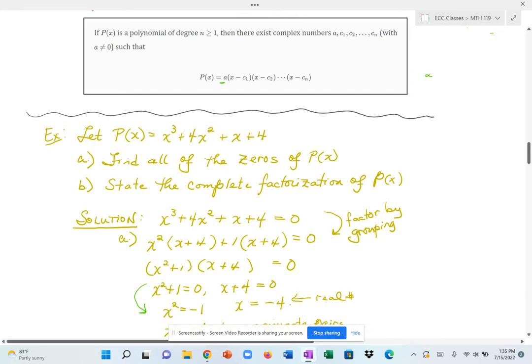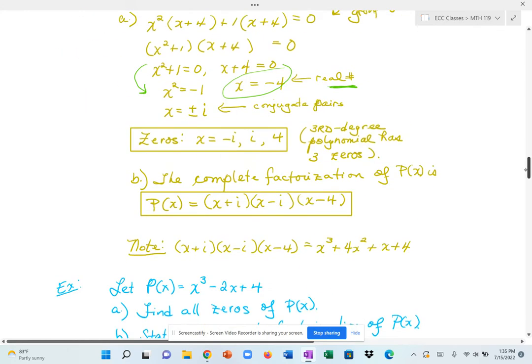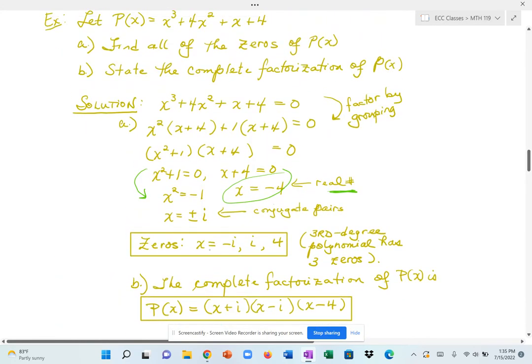And on the right side, you're going to get x is equal to negative 4. Negative 4 is a real number, and plus or minus i is a conjugate pair of imaginary numbers. So in total, I have 3 zeros, and that's what we expect because it is a third degree polynomial.